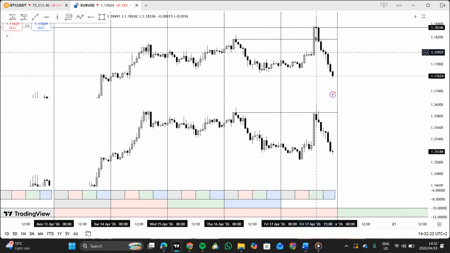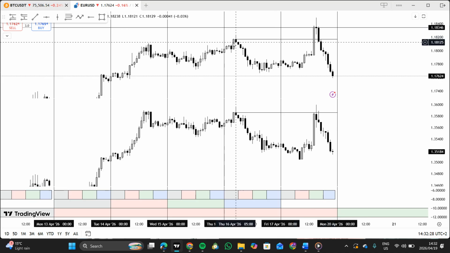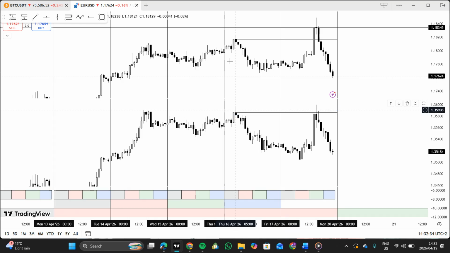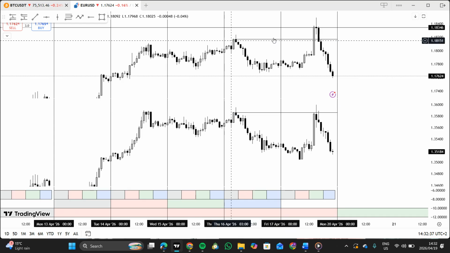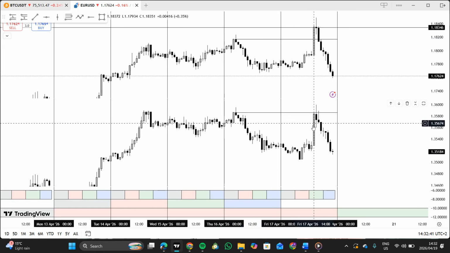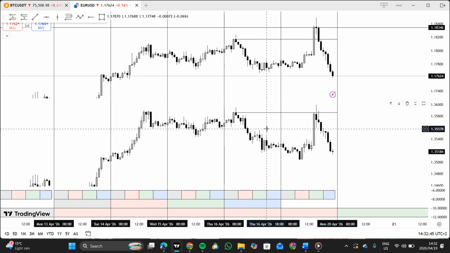Can you see that on EURUSD we closed above this previous close and open of this body over here? We closed above it, but on the GBPUSD we failed to do so. So this over here is sequential SMT.